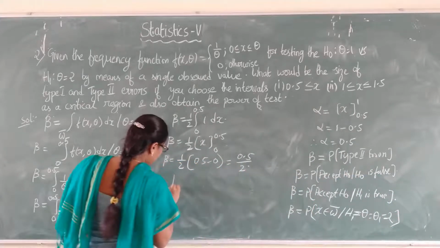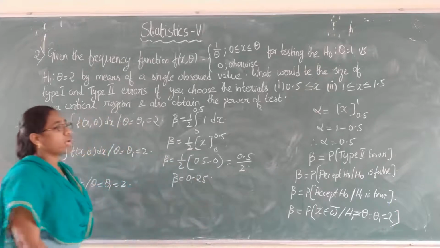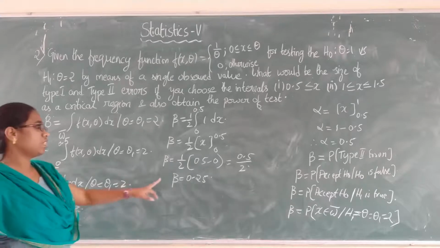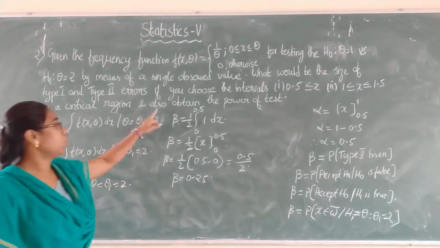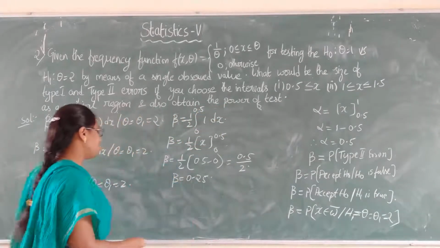So beta equals 0.25. So for the first bit, we got the alpha value, the probability of type 1 error, as 0.5. The probability of type 2 error, beta, equals 0.25. Next, we also have to obtain the power of the test. What is the power of the test?